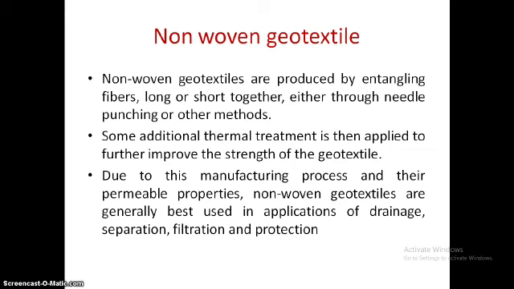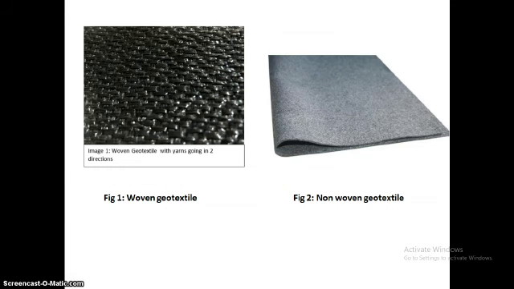Due to this manufacturing process and their permeable properties, non-woven geotextiles are generally best used in applications of drainage, separation, filtration and protection.